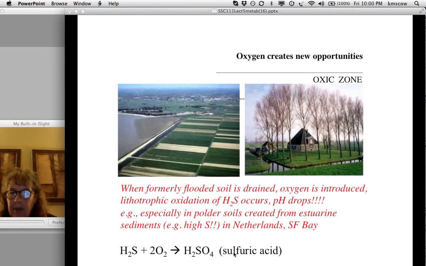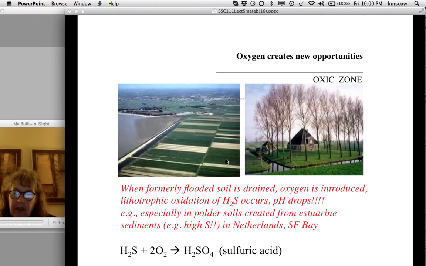and the byproduct of that is sulfuric acid, which is an extremely strong acid and dissociates very, very rapidly and strongly, producing tons of acidity. And that's what you see when these soils are first drained, is that they're impossibly acidic and no plant can grow in them.